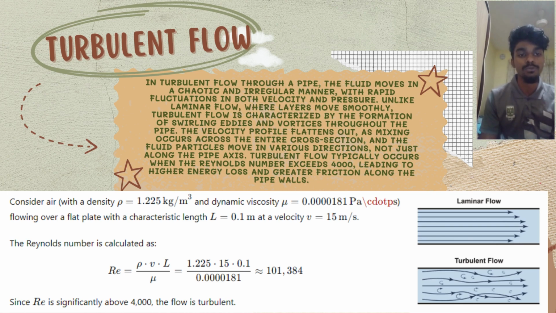The Reynolds number is calculated as 1.225 times 15 times 0.1 over 0.0000181, which equals 101,384. Since the Reynolds number is significantly above 4000, the flow is turbulent. So the example diagram of turbulent flow is this.